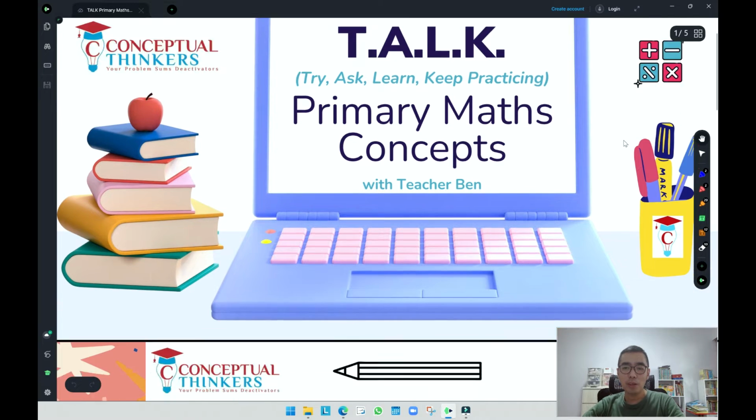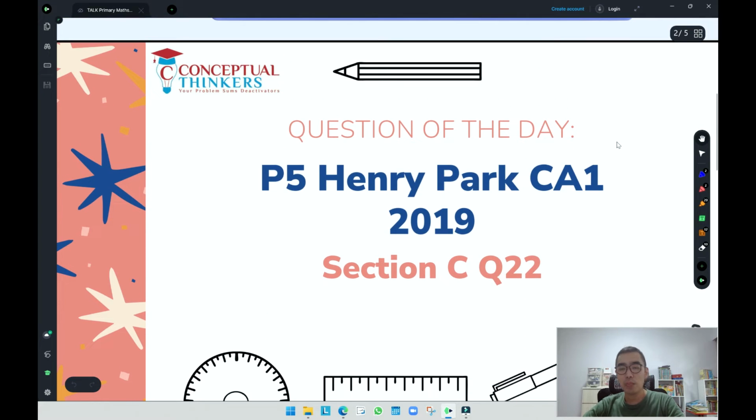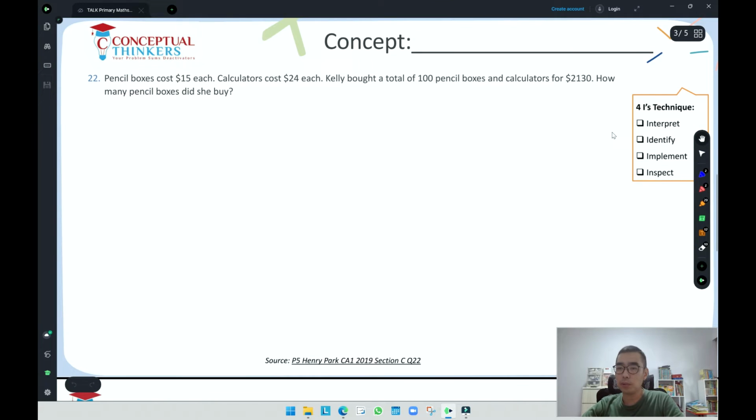So today we will be looking at P5 Henry Park CA1 2019 Session C question 22. The reason why I want to talk about this question is because I actually have a lot of students and even some parents who ask me how to do this kind of question.